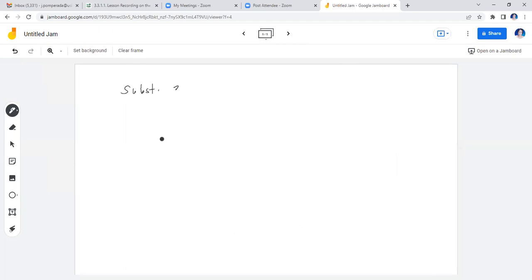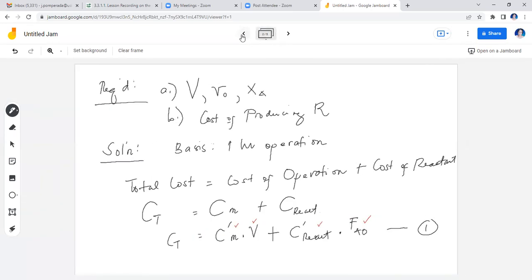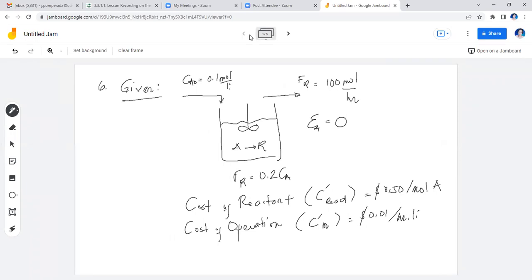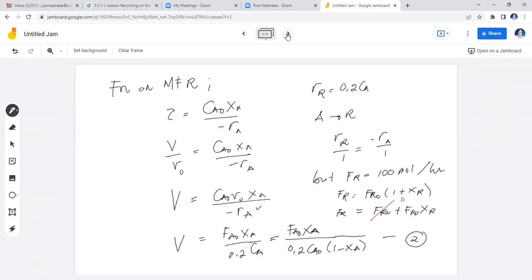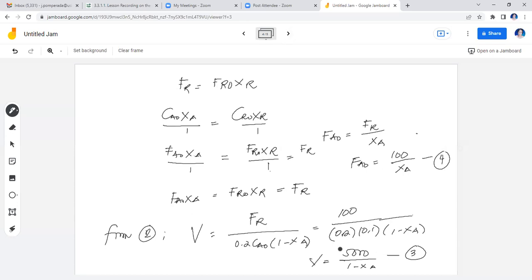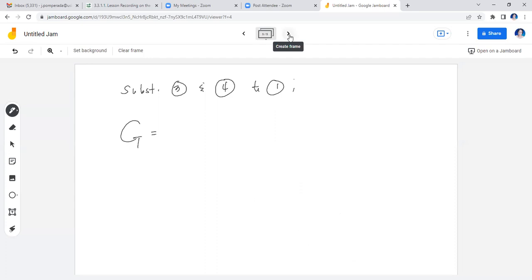so substitute 3 and 4 to equation 1, we have the total cost would be equal to, so the thing that we see here is C sub M, it's 0.01. And the V would be 5,000 over 1 minus XA. So you have 0.01 times 5,000, 1 minus XA.